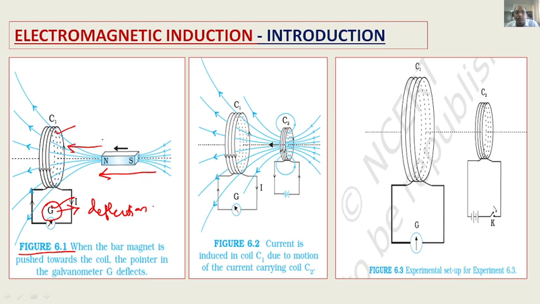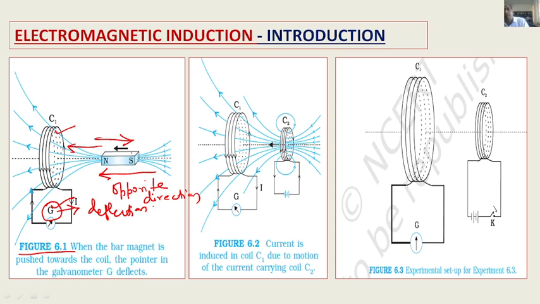Similarly, when the magnet is pulled back with a jerk, again the galvanometer has shown deflection, but in the opposite direction. A similar case, even if the pole of the magnet is reversed, and the south pole is moved towards the coil, again deflection is observed in the galvanometer.